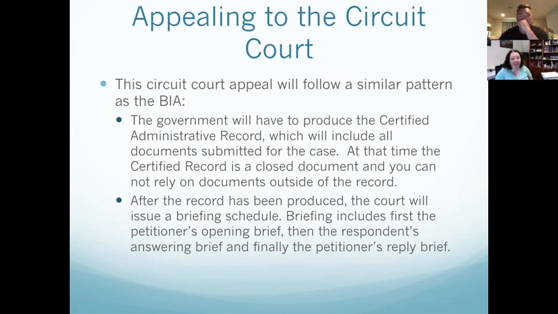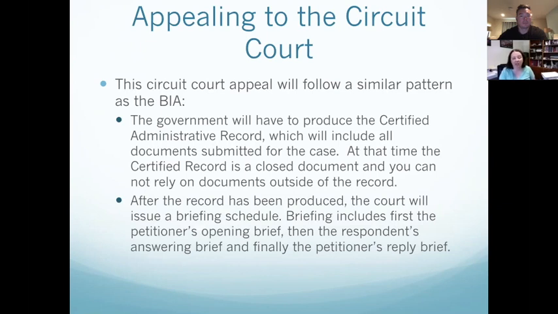So, for those people who haven't done federal court appeals, after you file the petition for review, and actually I should say that with the petition for review, you'll need to file a stay of removal for your client to make sure that their deportation is stayed while their petition for review is pending.